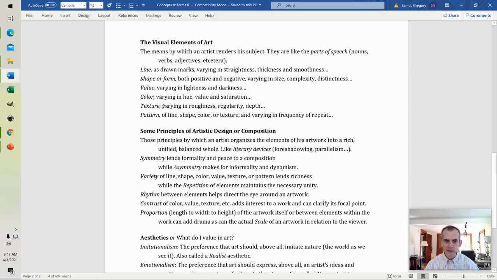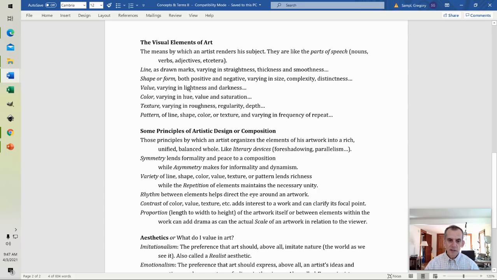That was necessary. The tree drawings used line. You couldn't do it any other way than to draw it in line. You could pick out any artwork at all and break it down into these elements, just like you could take any sentence and break it down into noun, verb, adjective, adverb.